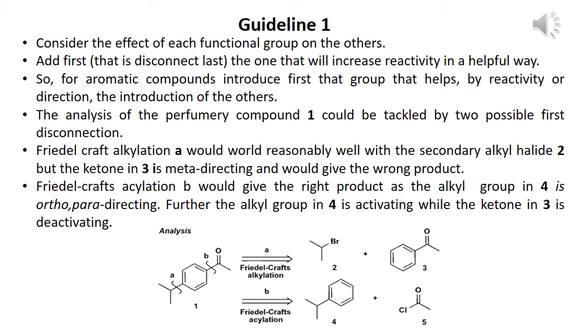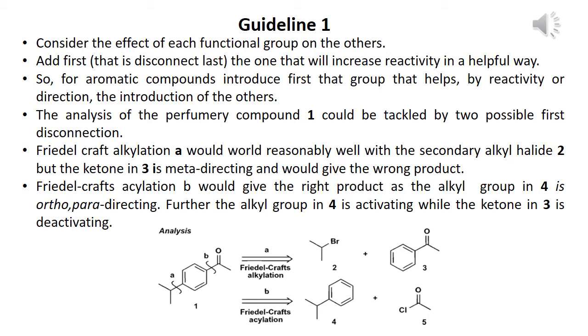Like in disconnection A, we are having two synthons, secondary alkyl halide 2 and ketone, which is number 3. If you are getting secondary alkyl halide, then it is fine. It will be added up. We shall be adding that up into the aromatic ring 3.